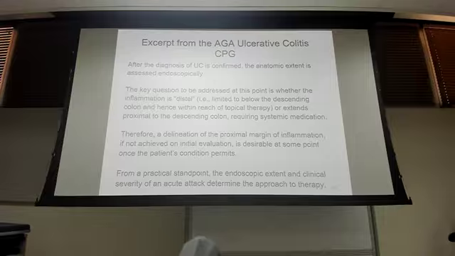If it's at or below the descending colon, then we can often use topicals, usually in the form of a suppository. So it's very important when that endoscopy is being done, whether the flex sig or the colonoscopy, to determine the margin of that inflammation to know if it can be treated with topical agents or if it has to be treated with systemics.